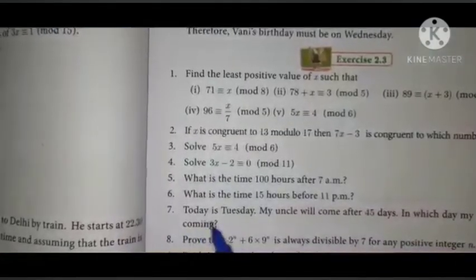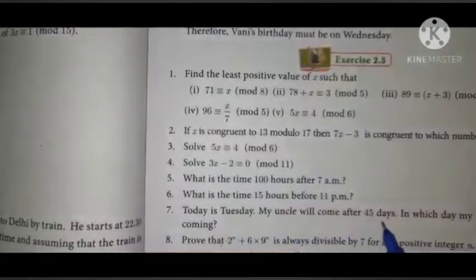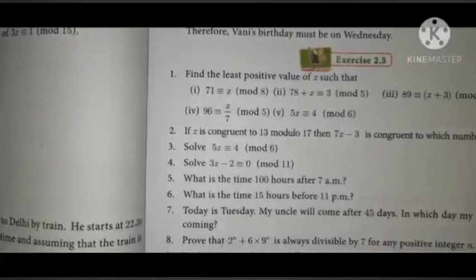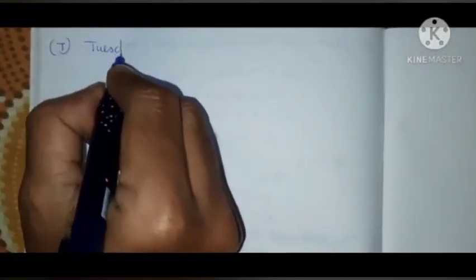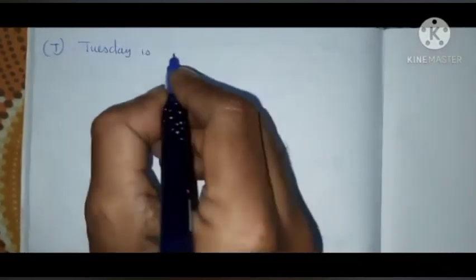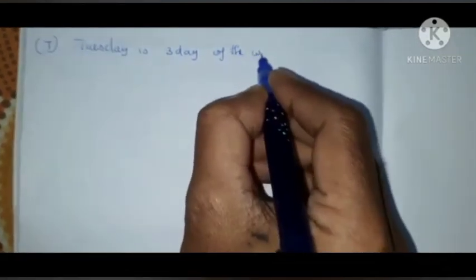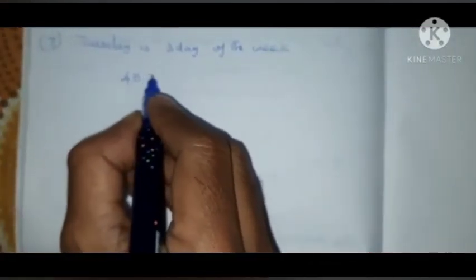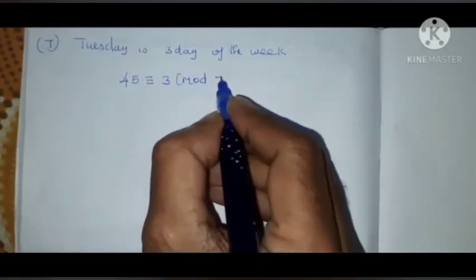Sum 7. Today is Tuesday. My uncle will come after 45 days. On which day will my uncle be coming? Tuesday is the third day of the week. 45 congruent to 3 mod 7.